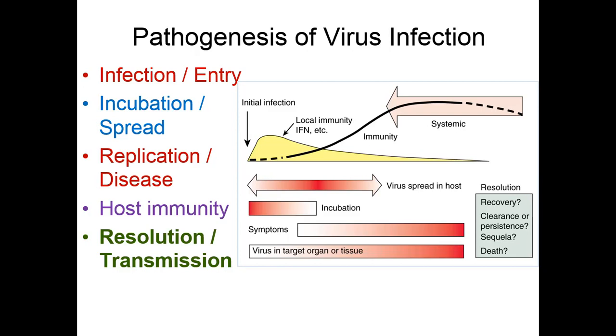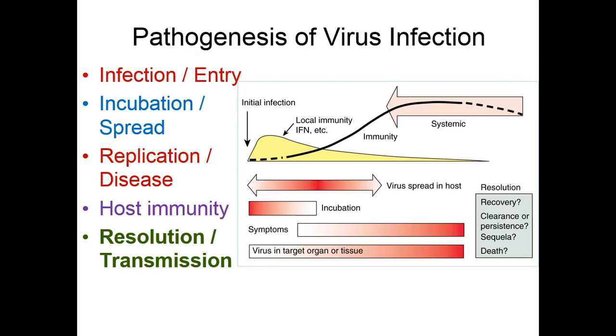Depending on the balance between the immune system and the viral infection, the host will either resolve the viral infection, and there would be clearance of the infection, and patients will undergo recovery.